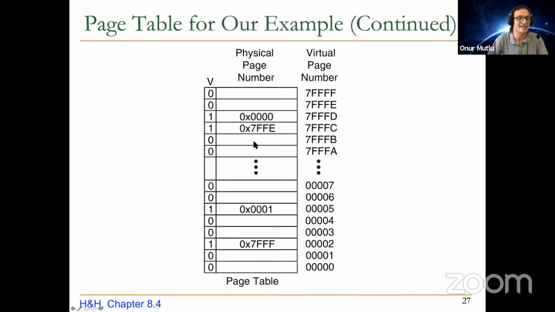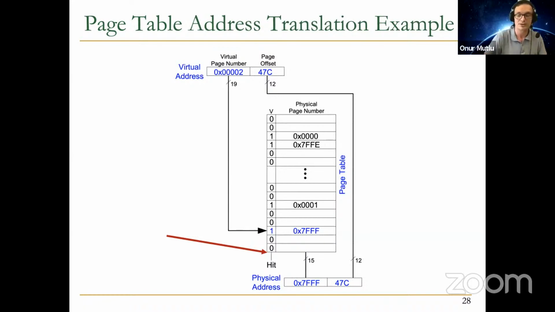So let's take a look at some example translations quickly, and then we're going to conclude and go for the next lecture. Essentially, going over here, and these are examples from your book also, so you can follow from your book if you need to go somewhere at this point. But basically, this is how a virtual address is translated. Virtual address is 31 bits, as I said. The bottom 12 bits is offset.